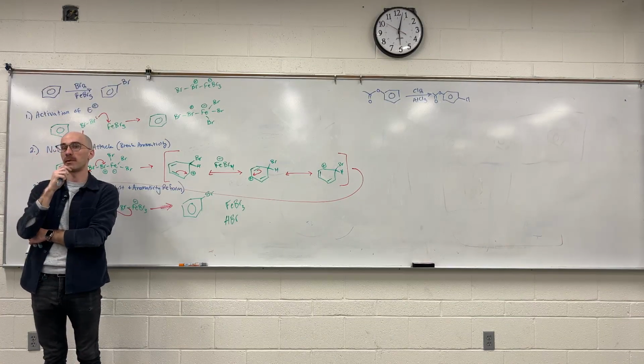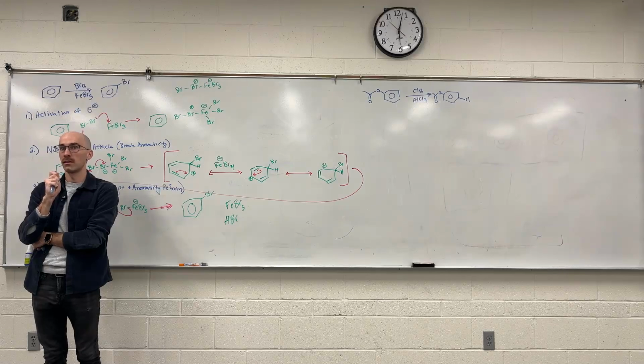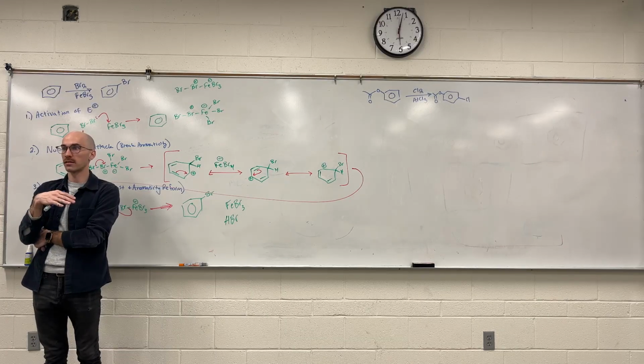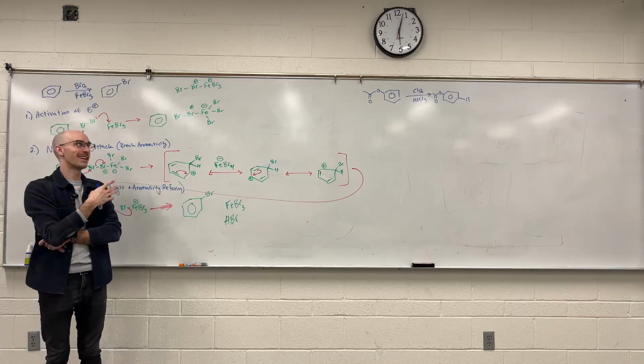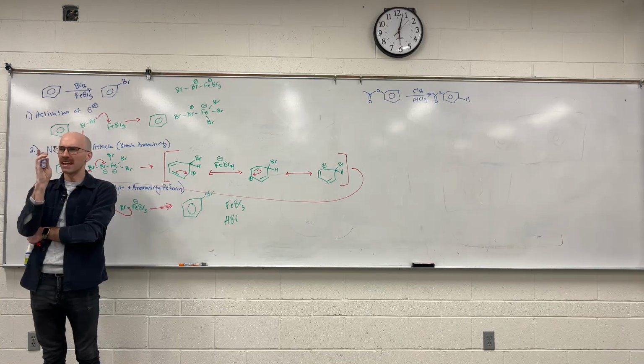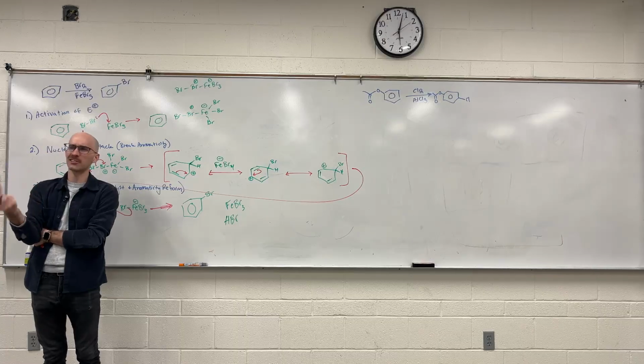What evidence do you have, Max? Just a lone pair on the closest oxygen. Lone pair on the closest oxygen. There's another piece of evidence. The product is a para-substituted product. And that's clearly not a halogen, so it must be an electron donating group. Didn't we say that carbonyls are electron withdrawing groups?